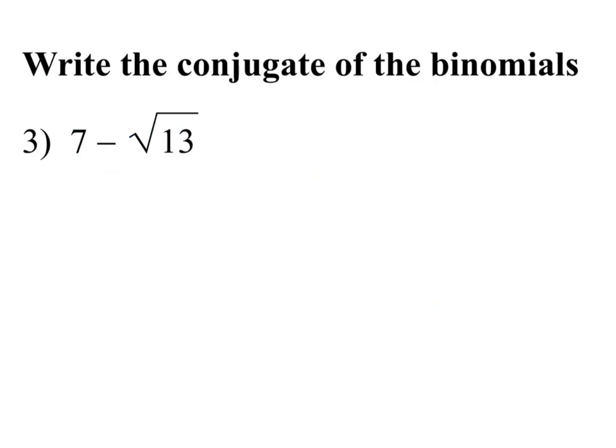It's a vocab term, the conjugate here. The conjugate of a set of binomials, typically complex numbers, but also when we have radicals here. Conjugates look like this. They're the same terms, but the middle operation is different, and that's all it is.